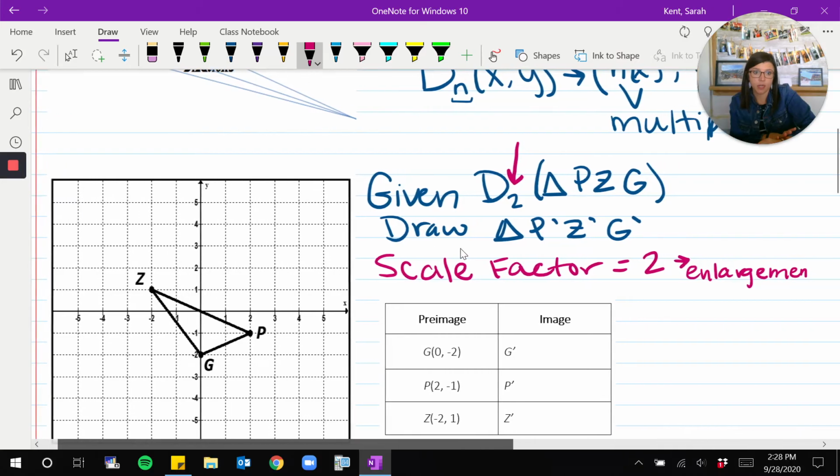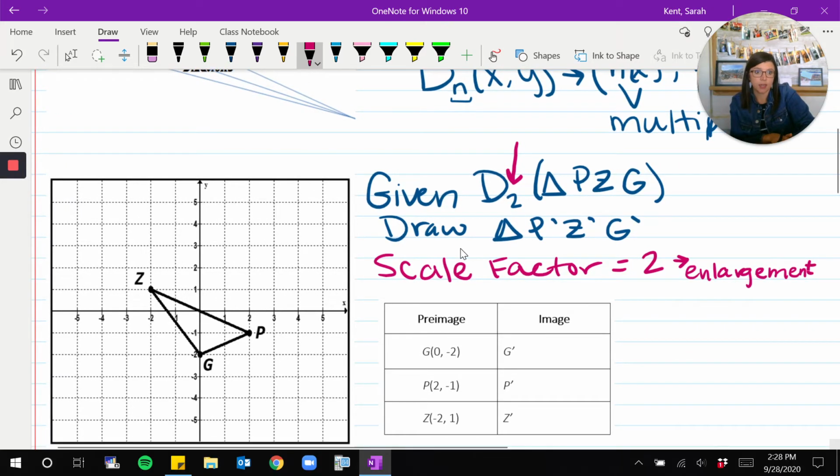Slide it over a little bit. If it were a fraction, like 1/2 or 2/3, then it would be a reduction. So if it's smaller than 1, it's a reduction. Bigger than 1 is an enlargement. Most of what we'll see this year are going to be enlargements, whole numbers.